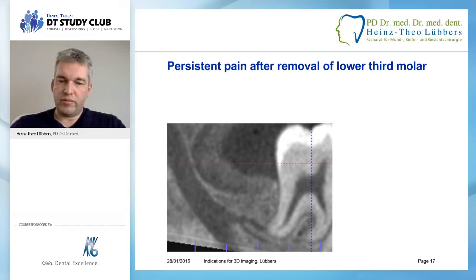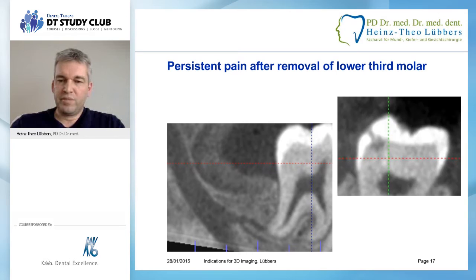Another case where maybe cone beam CT wasn't really necessary, but it anyway solved the problem. This is a persistent pain after removal of a lower third molar. The pain wasn't adequate, so we had a look into it by cone beam CT of the area, and what we found was this.